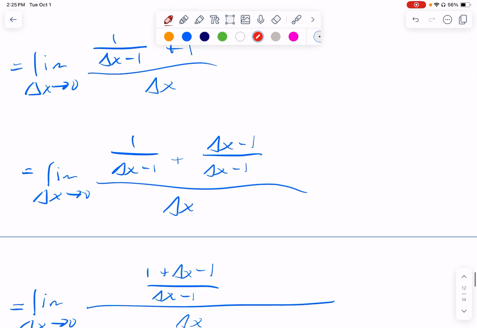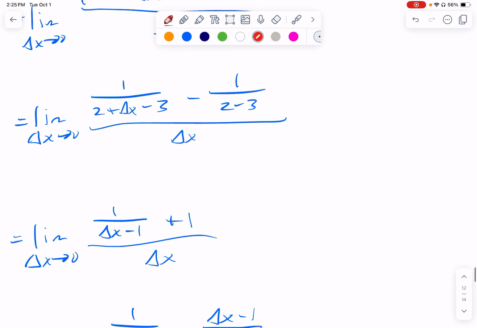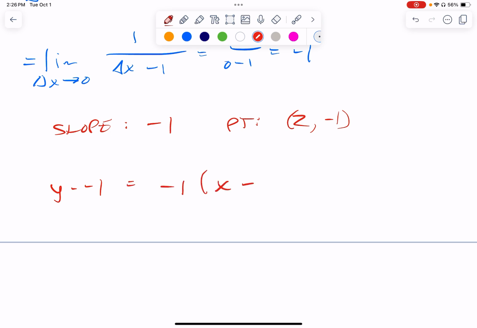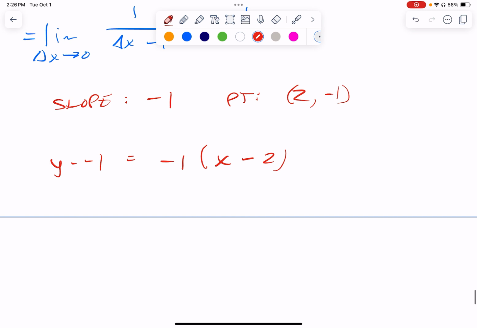And the point we were given at the very beginning of this process is 2 comma negative 1. So point slope form, y minus my given y coordinate is slope times x minus my given x coordinate. Let's clean this up a little bit. If I distribute the negative over here, and I can move the 1 over, it looks like we get y equals negative x plus 1.